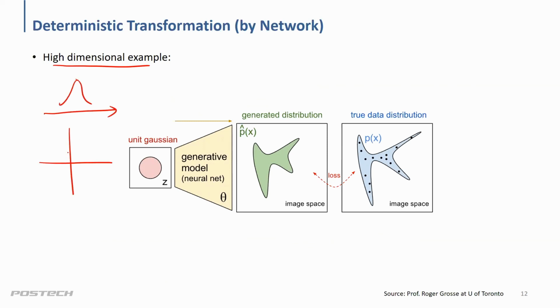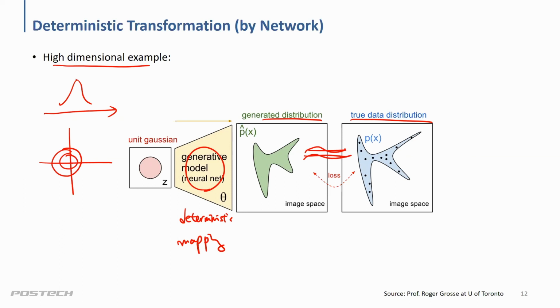In two-dimensional space, it will be a more complex shape. And the generative model, you know, is a deterministic mapping. It will generate the distribution, and it will be compared with the target distribution from the training data set. And I want to make these two almost identical or as close as possible.